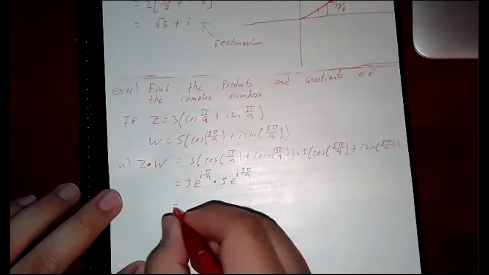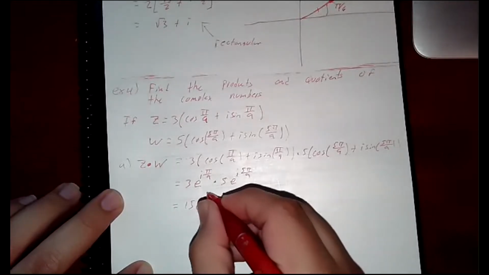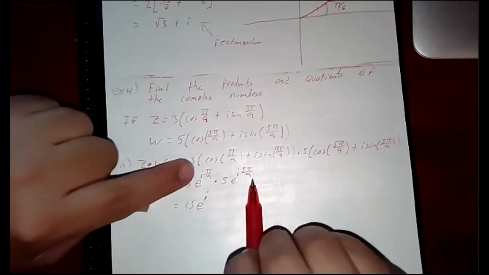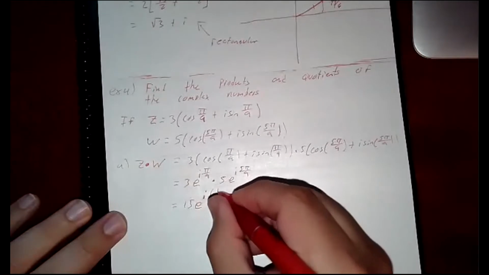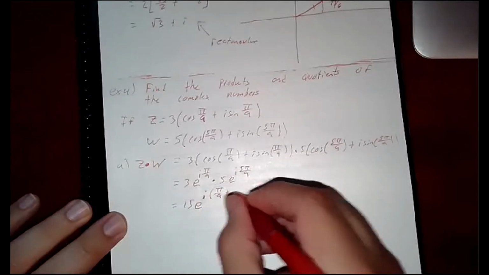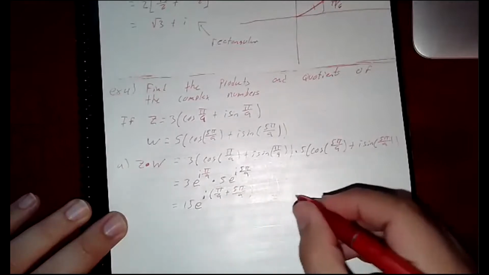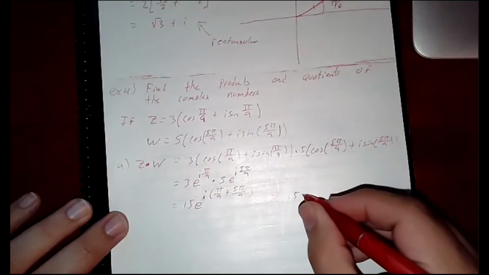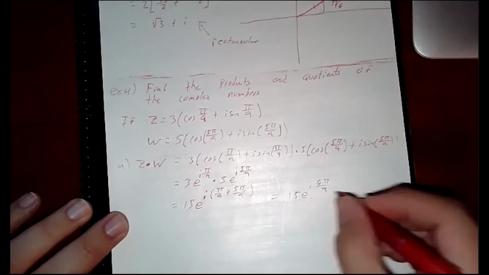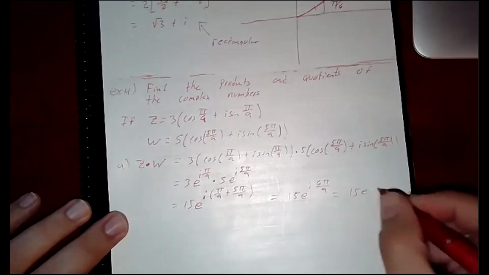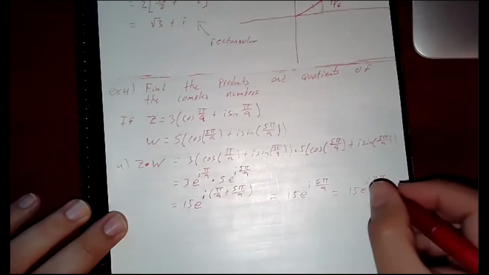So that will become 15 times e to the i. And the rules of exponents tell us to add this, right? So we're going to have pi ninths plus 5 pi ninths, which will give us 6 pi ninths, which reduces to 2 pi thirds, right?